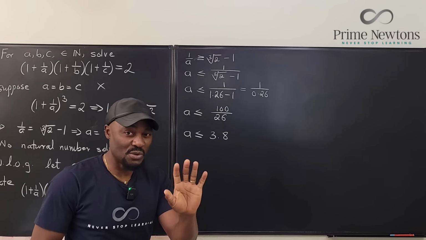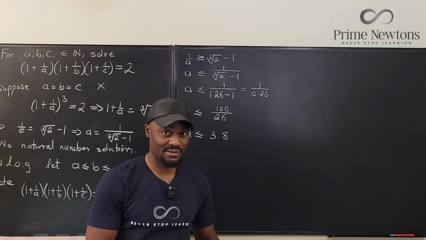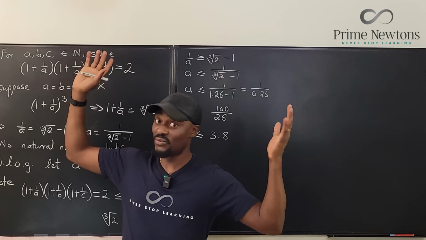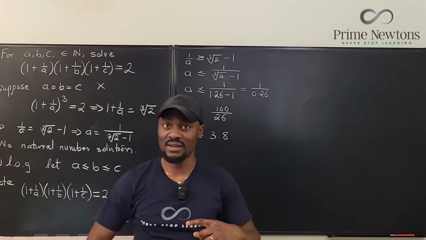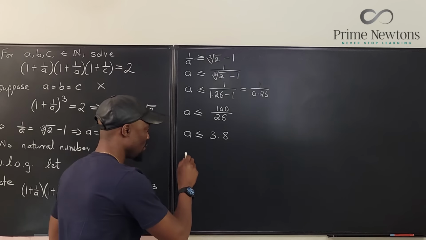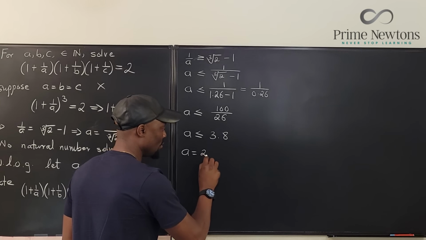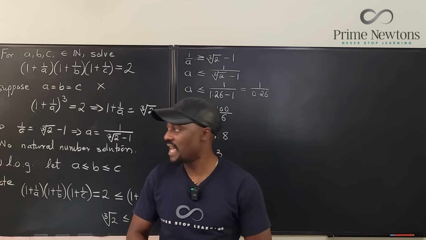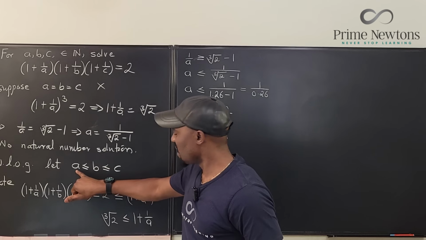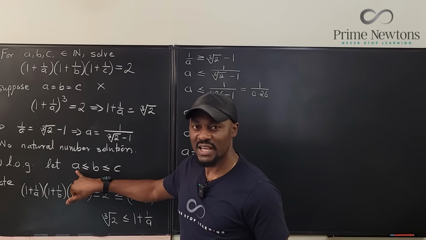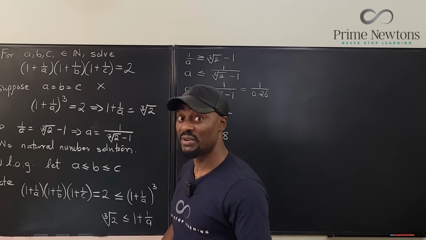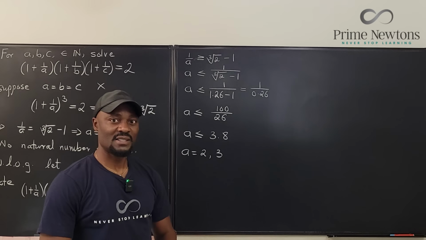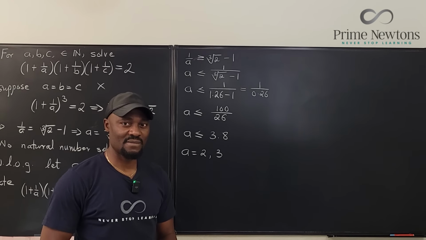So the natural numbers that are less than 3.8 but greater than 1, which we already eliminated, which I should have written, are 2 and 3. So A must be equal to 2 or 3. These are the 2 possible values of A, since A is the smallest. It's either 2 or 3. It cannot be 4. It cannot be 5 because of just this tiny little math that I did.